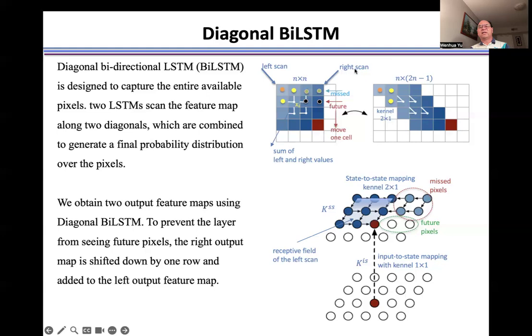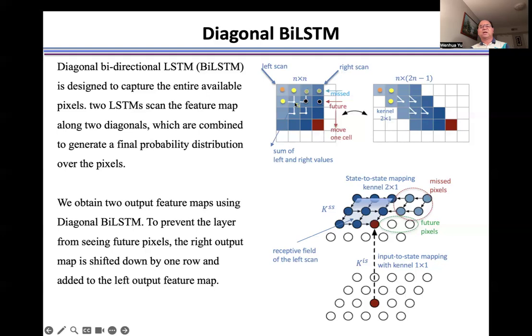However, the right scan includes 2 future pixels. To remove the contribution from these 2 future pixels, we move the receptive field 1 cell down. So we remove the contribution from these 2 pixels.